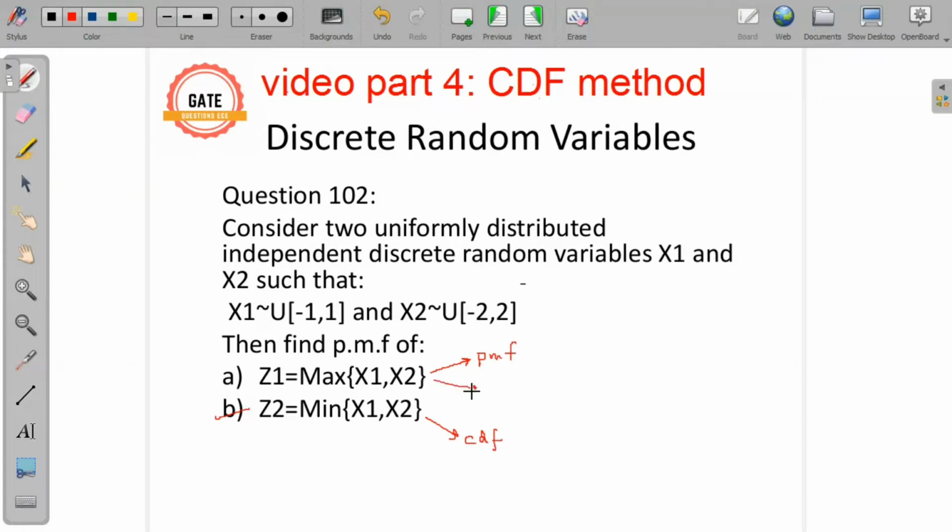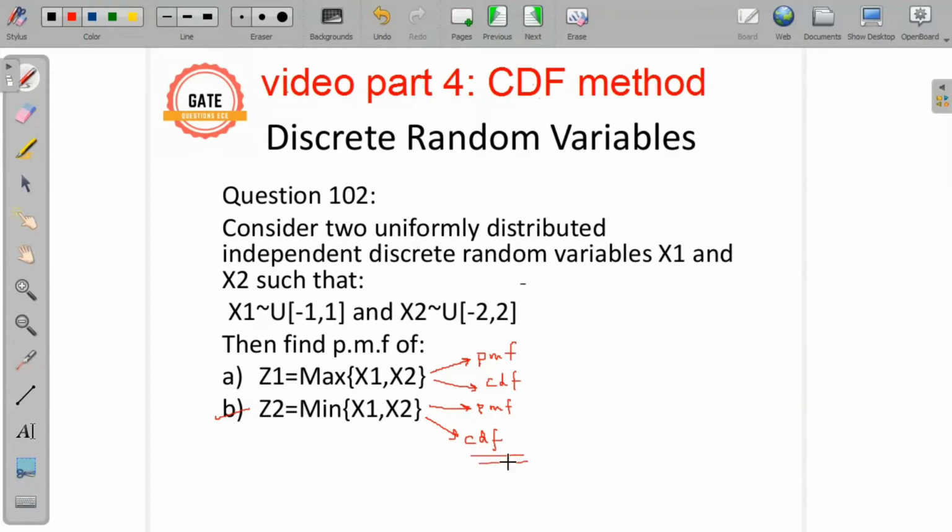In the second video, I discussed part A using the CDF method, and in the third video, I discussed part B using the p.m.f method.